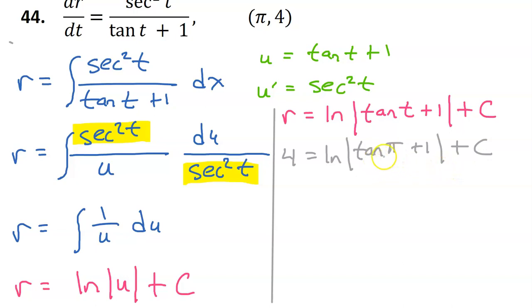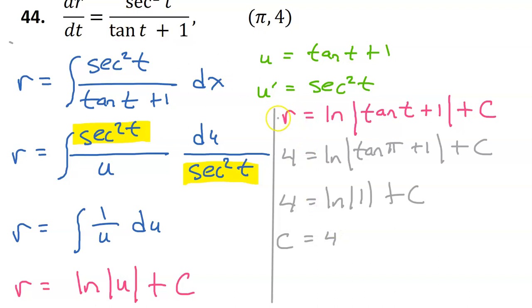Tangent of pi is 0. So that's going to be 4 is equal to natural log absolute value of 1 plus c. The natural log of 1 is 0, so we just have c is equal to 4.